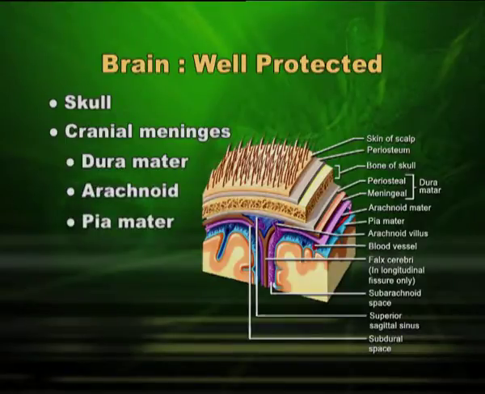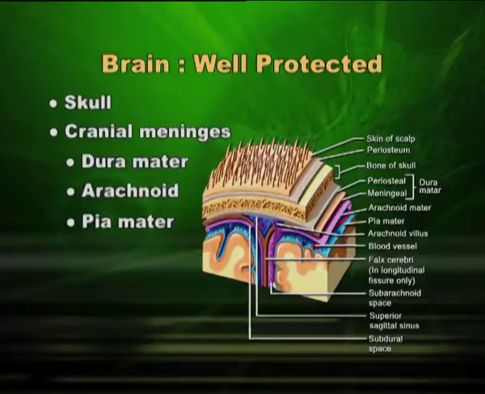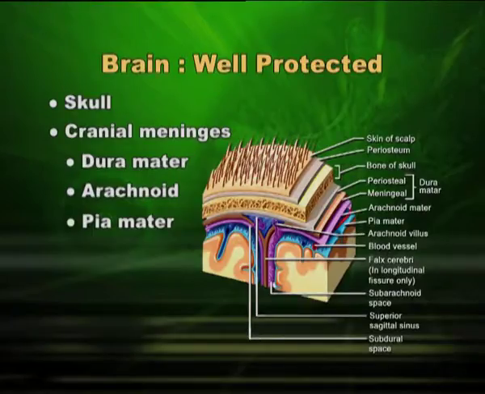Dura mater is the first meninges present just after the skull, and pia mater is the membrane which is present just outside the brain tissue. Between the two is a thin membrane called arachnoid.